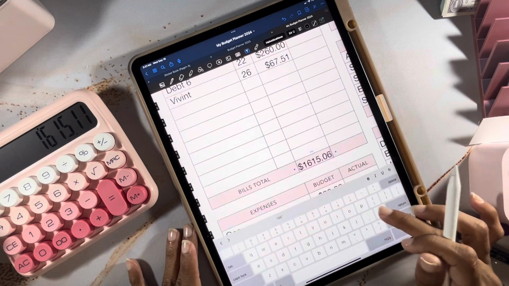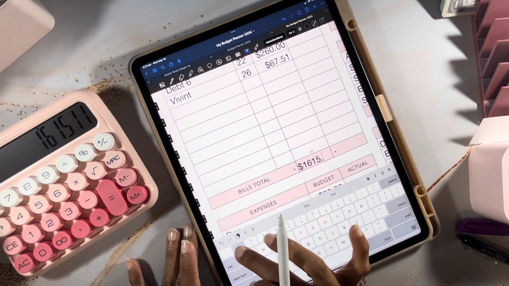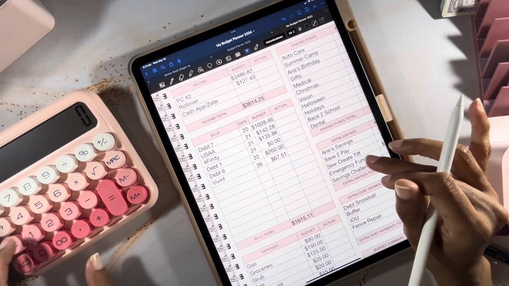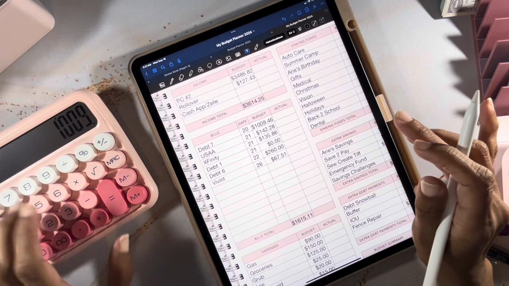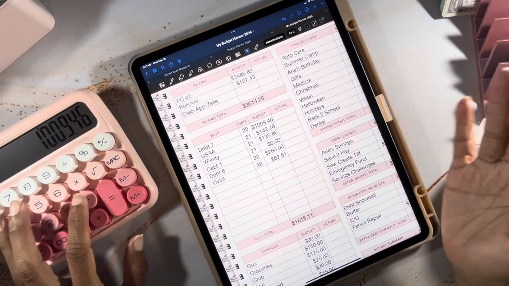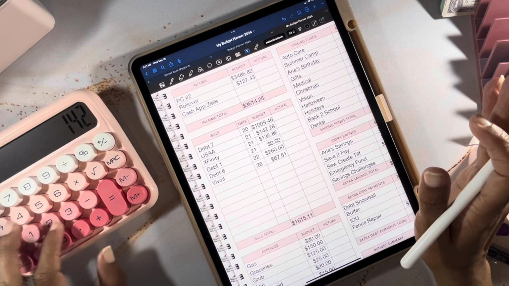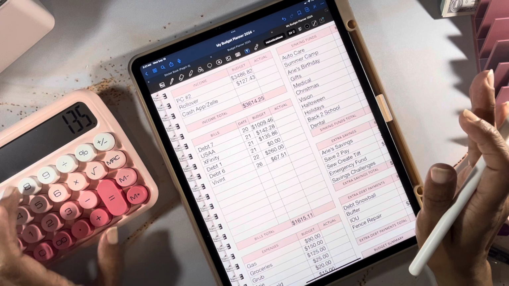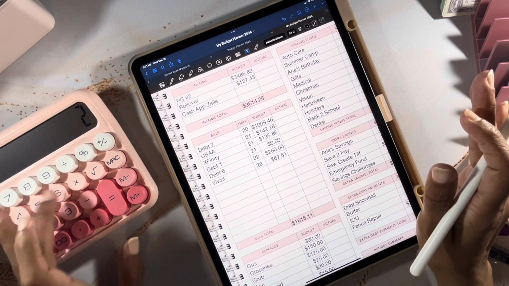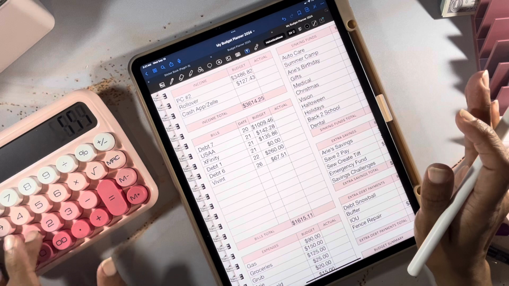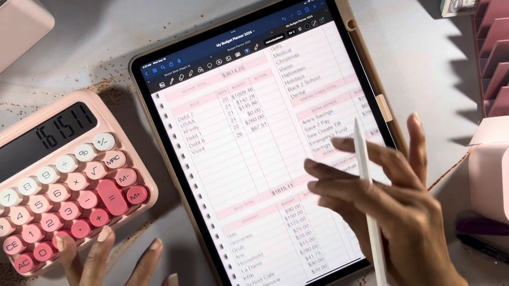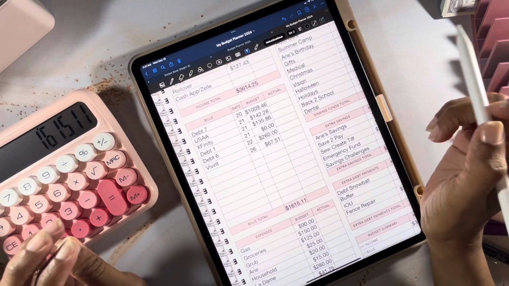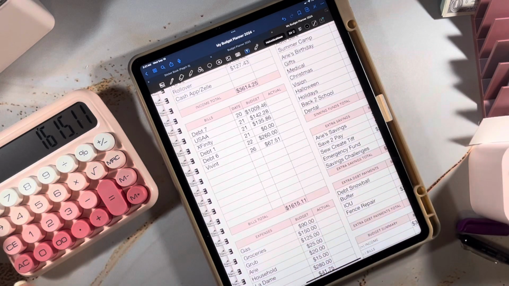Let me just do that one more time. 1009.46, not that it really makes a big difference, but 142.28 plus 135.86 plus 260 plus 67.5. Okay, that's correct. So my total of my bills is $1,615.11.